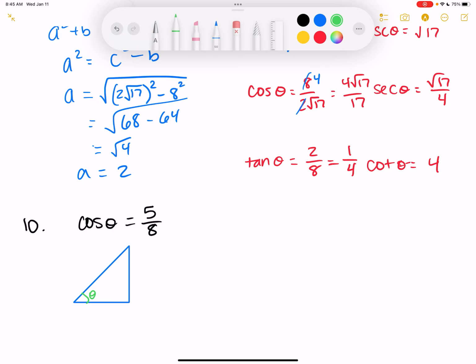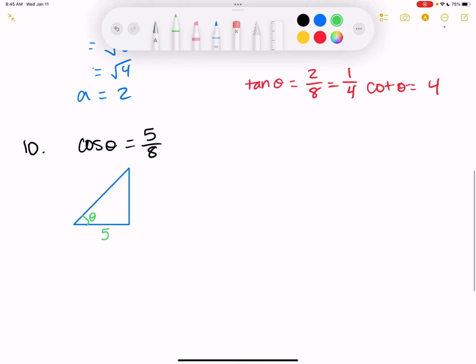So if that's the case, where are the 5 and the 8 going? The 5 is going on the bottom. Down here? Yes. Okay. So that's the adjacent value, so it goes there. And the 8 is going on the slanted side, the hypotenuse. The hypotenuse, awesome. Yep.